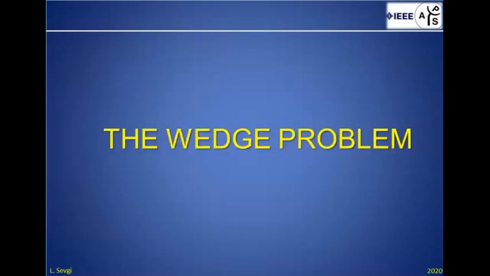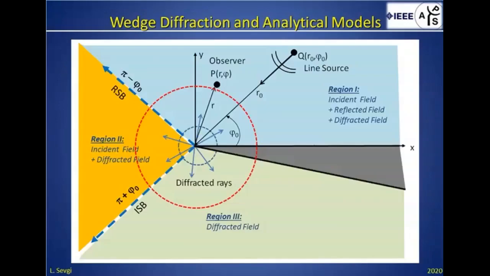Okay, let's see the wedge problem and understand what diffraction is. So, in two-dimensional space, you see a wedge-type geometry here. X is the horizontal direction, Y is the vertical axis, and the top boundary of the wedge is aligned along the x-axis.